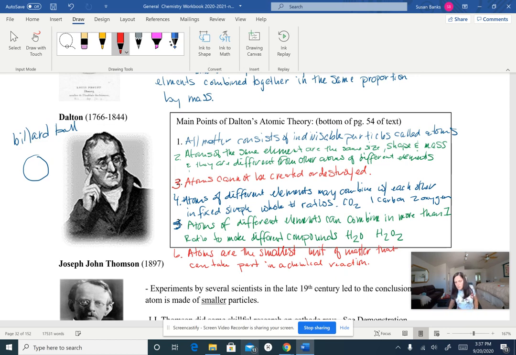Okay, so if we're going to have a chemical reaction, we have to work with whole atoms. Okay, so these are the 6 main ideas of Dalton.